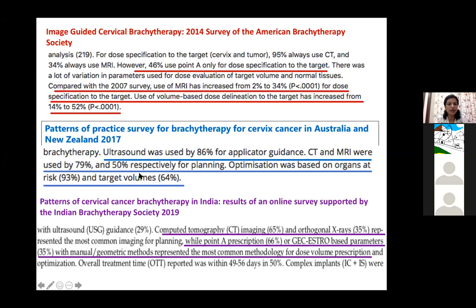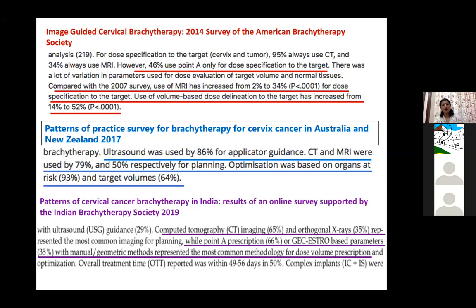Similarly, for Australia and New Zealand, ultrasound was increased for a majority of applications for application guidance for placement of applicator, and CT and MRI were used in about 80 and 50%. So still about 50% people were not using MRI, and the target volume concept was adopted by about 65% patients. So 1/3 again had not adopted the target volume concept by 2017.